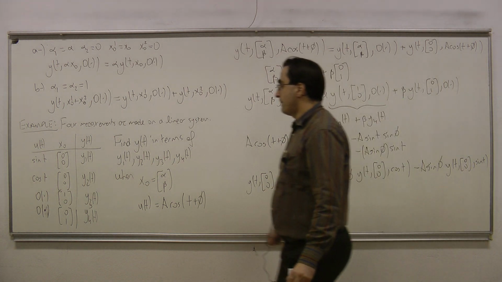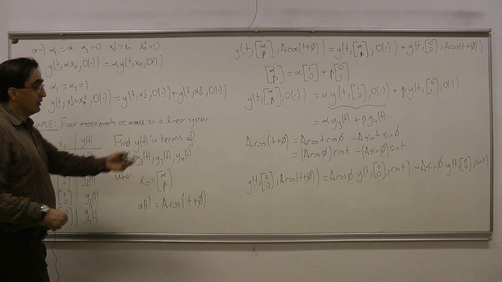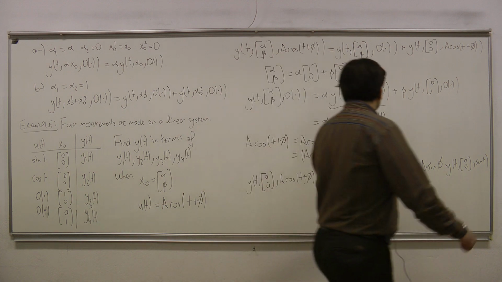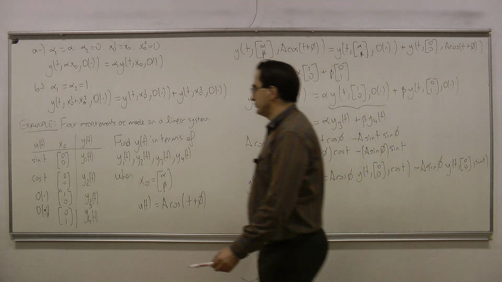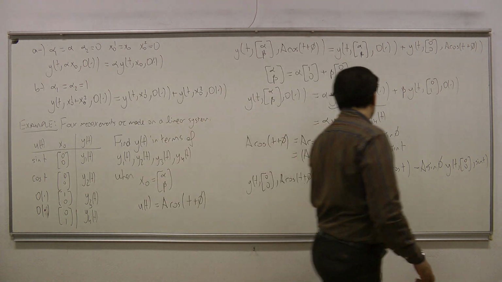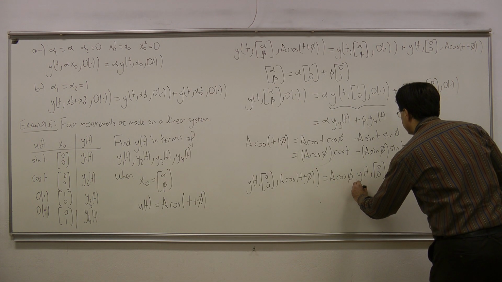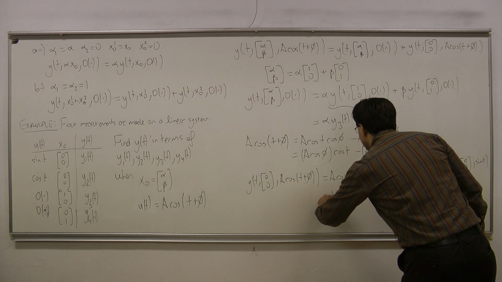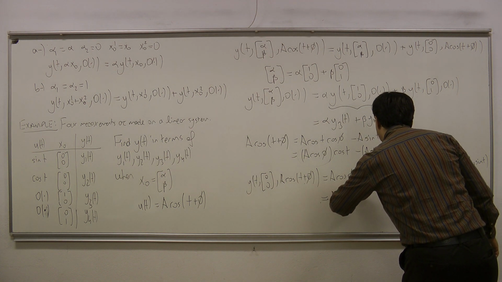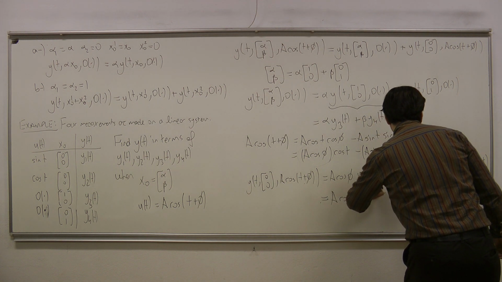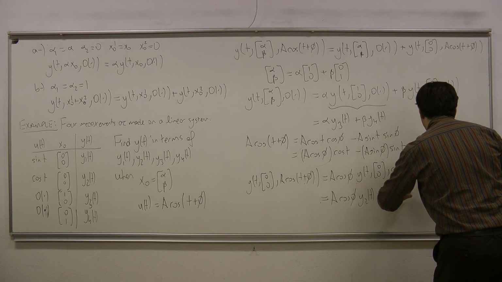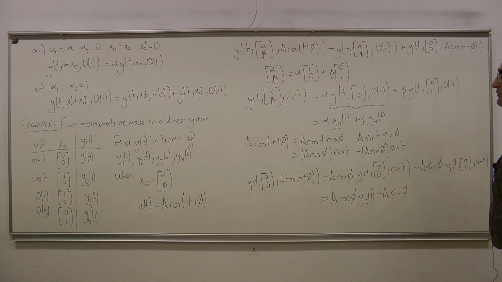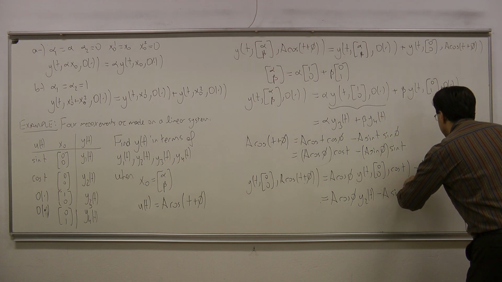Okay? What about those outputs? This is the output of the system for zero initial condition and cosine input. That is y2. So it is a cosine phi y2 of t minus a sine phi, and this is going to be just y1 of t. Okay?